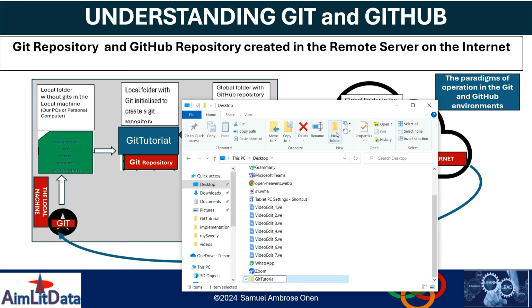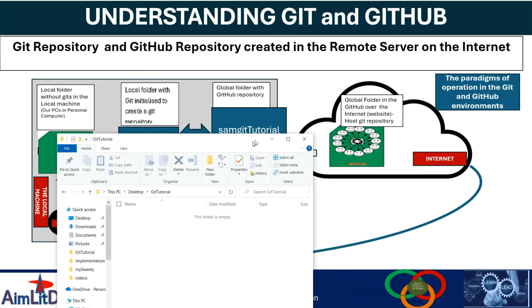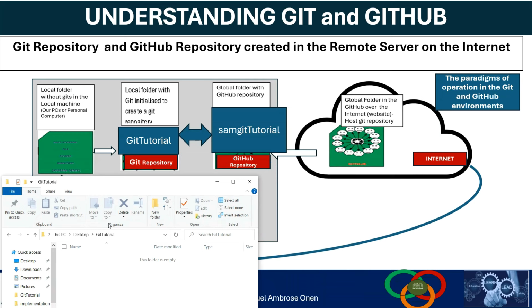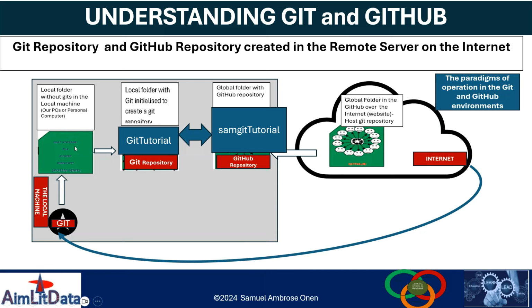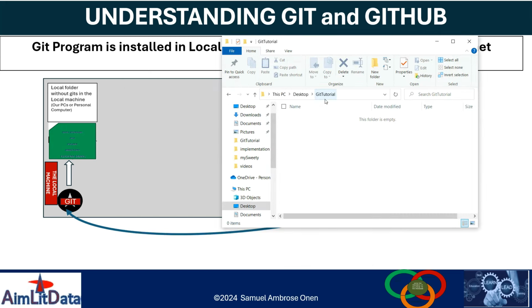My friend, this is the Git tutorial folder I've created. This is just a folder without Git. At this point, this folder here is just like that one there, not a repository. This is the folder I have created so far. I call it Git tutorial.